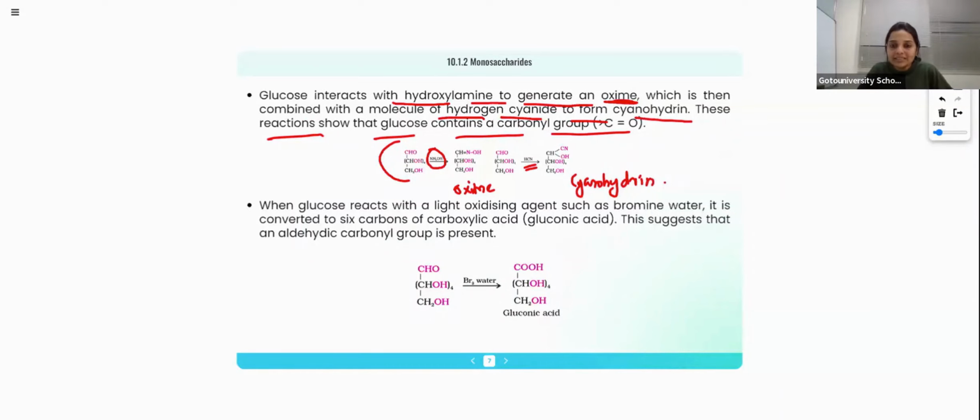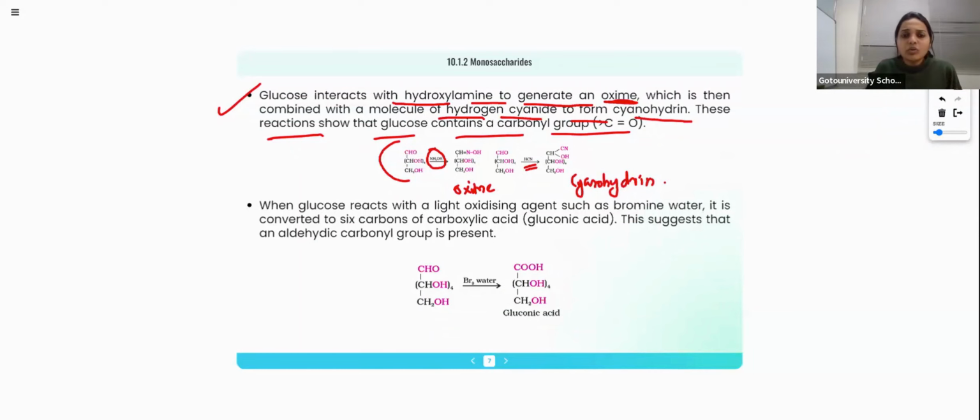That's why this compound is getting formed. So this is a structural elucidation of glucose. Okay, so this reaction is clear, right? Glucose reacts with hydroxylamine to produce oxime. Oxime on reaction with hydrogen cyanide produces cyanohydrin. As I told you, there is no mechanism, only the reaction.